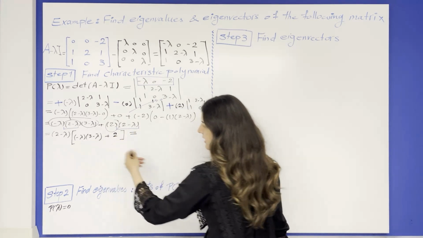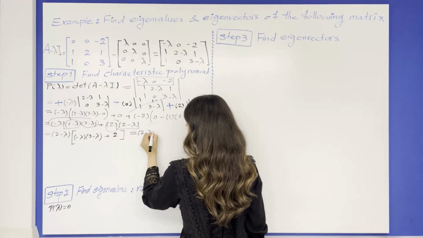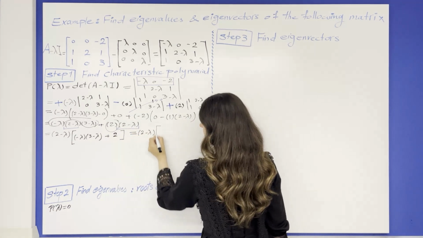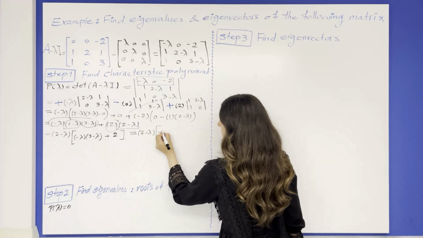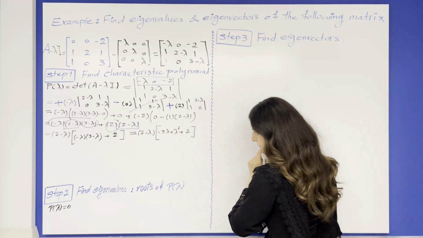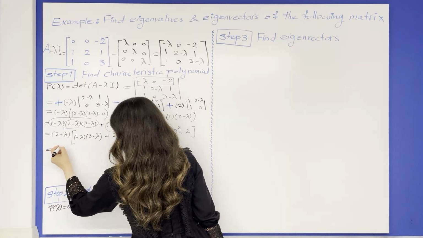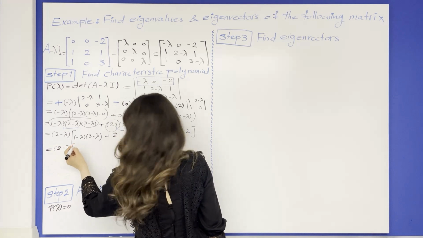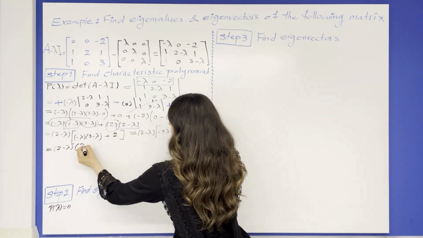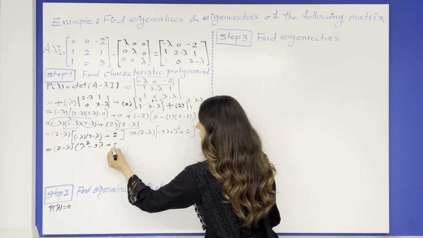Now I can simplify this term and expand it, so I get negative 3 lambda plus lambda squared plus 2. And I can rewrite this as lambda squared minus 3 lambda plus 2.